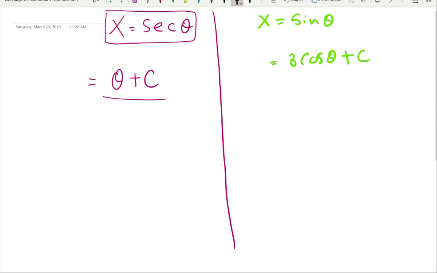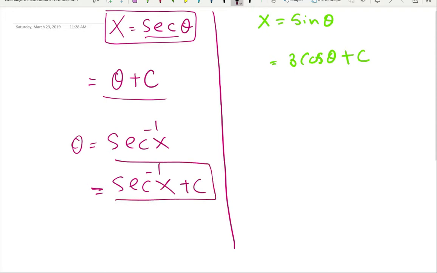So what did we do here? Well, we just took the inverse, right? So we said theta is equal to secant inverse x, and that's correct. So our answer will be secant inverse x plus c. Now you have your solution for the integral in terms of x, not in terms of theta, right? So you have to do that.